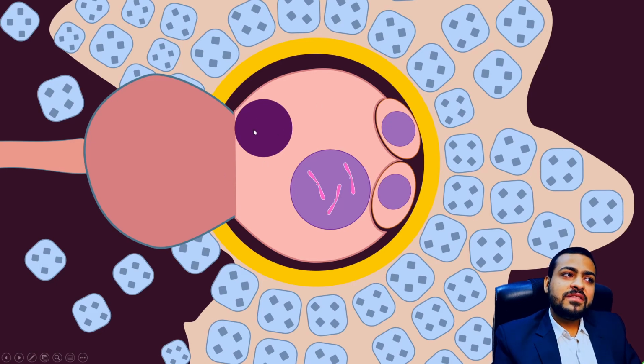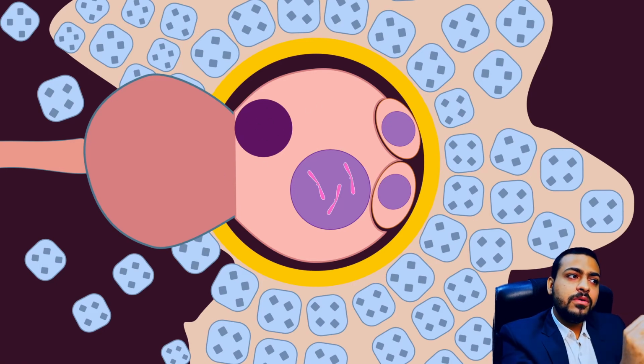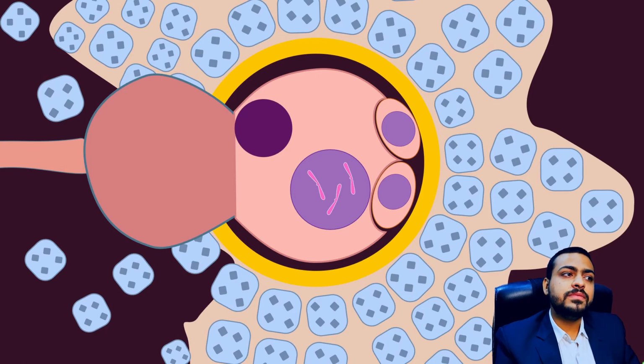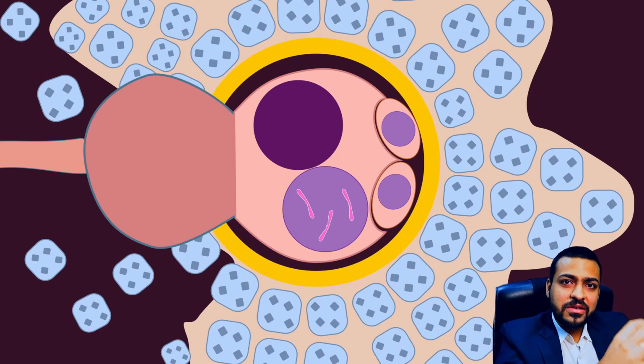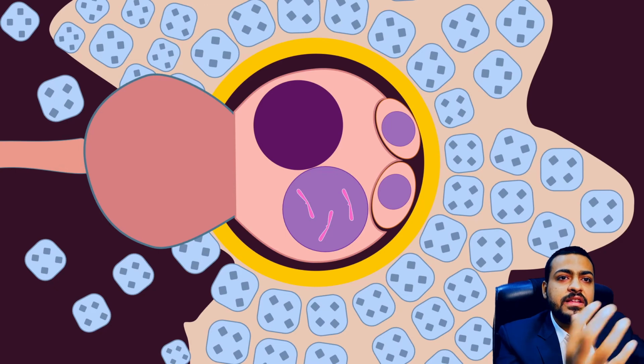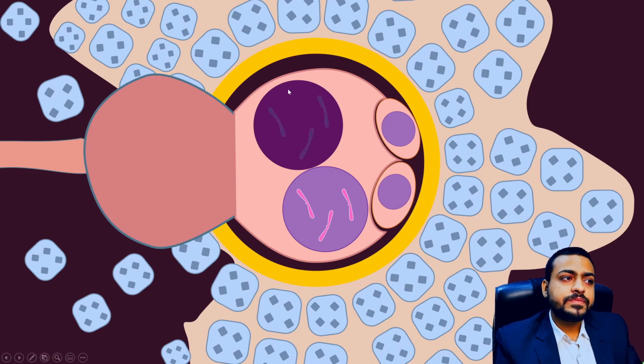Now as it comes inside the ovum's cytoplasm, it has to relax. The chromosomes relax a bit, the genetic material relaxes a bit, and the nucleus swells up.